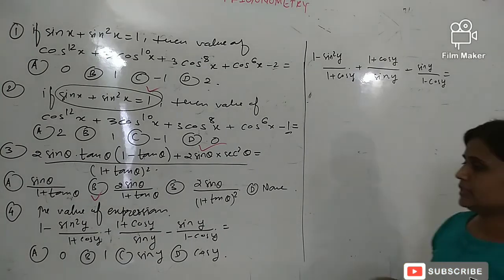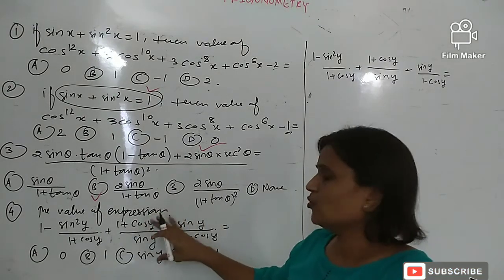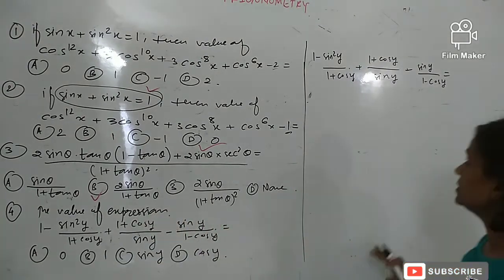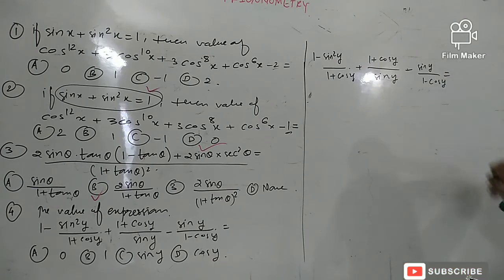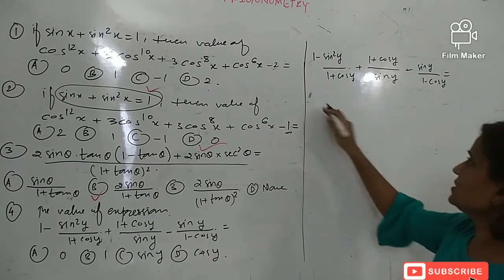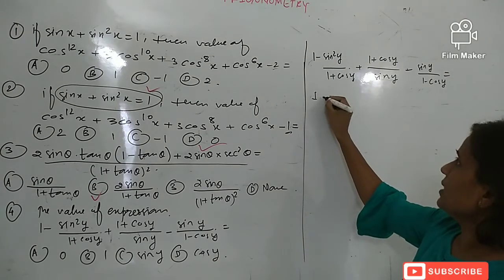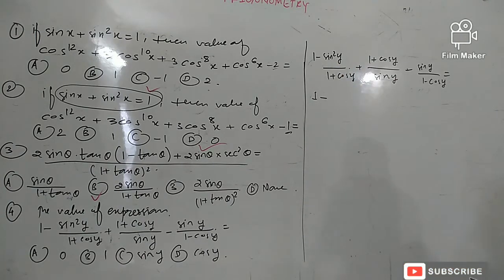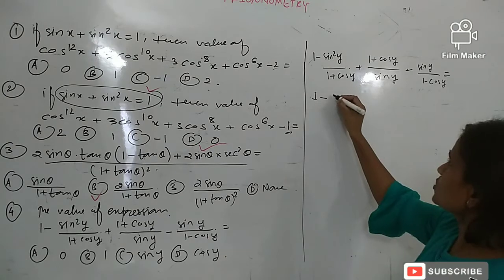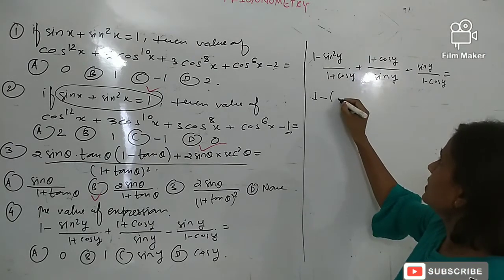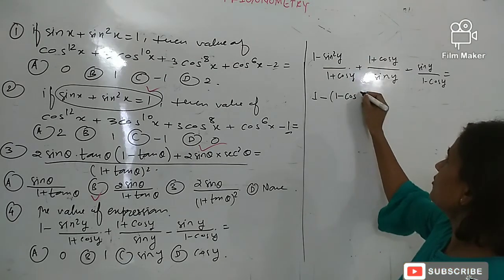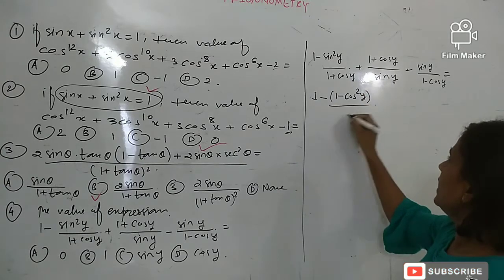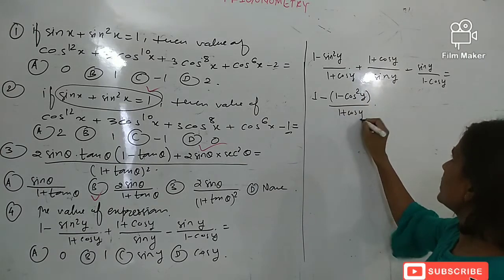See the next question, question number 4. We have to find the value of this whole expression. This is our given expression. Just simplify it. 1 as it is, and this is sine square y, and I can write sine square y in terms of cos. The value of sine square y is 1 minus cos square y, dividing by 1 plus cos y as it is.